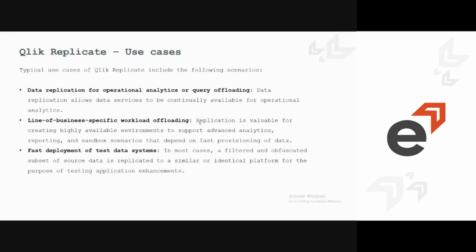Some of the use cases for why we use Replicate: first, a lot of systems do require real-time data. They want that real-time data stream to be continuously available, and Replicate provides a good platform to implement that. Then there's line of business workload offloading, where, like we discussed, you can move a lot of data, and it is always available.